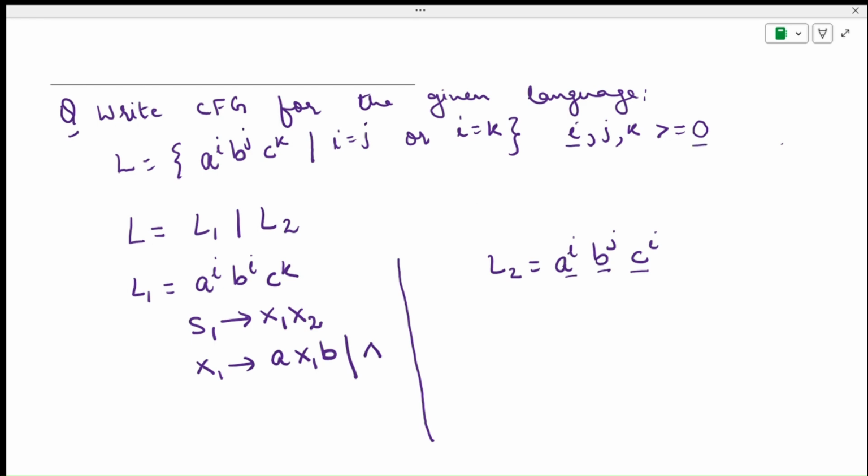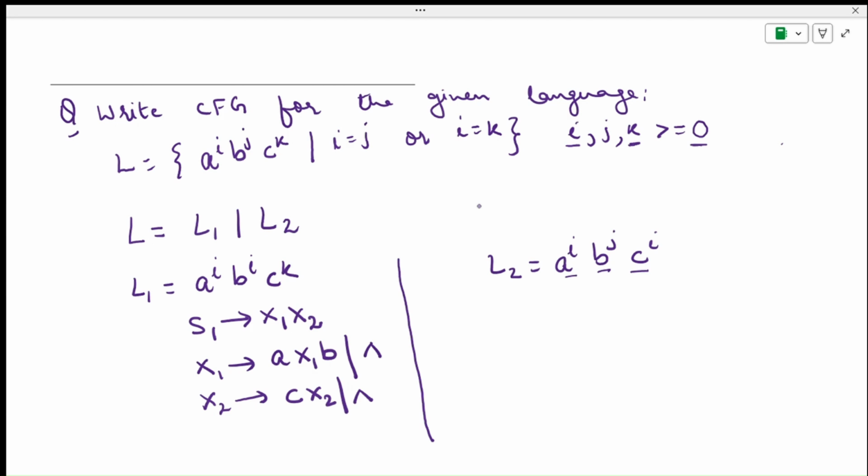It means the smallest value of i is equal to 0. Now what is X2? X2 is any number of c's. So this is c X2, or null, as the smallest value of k is 0. So therefore this is the grammar for language L1, and for language L2 we have the grammar.